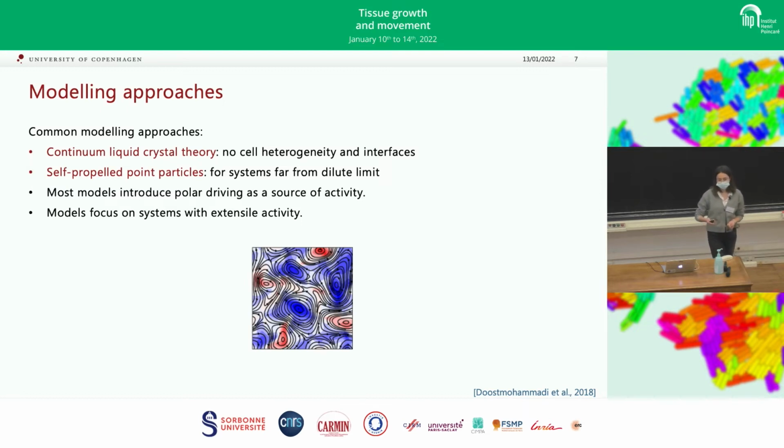For example, when you knock out E-cadherin, the cells will show contractile activity, and they will also demonstrate more metastatic features. So we find it very interesting to understand what leads to this switch and what consequences it has for the cell movement.